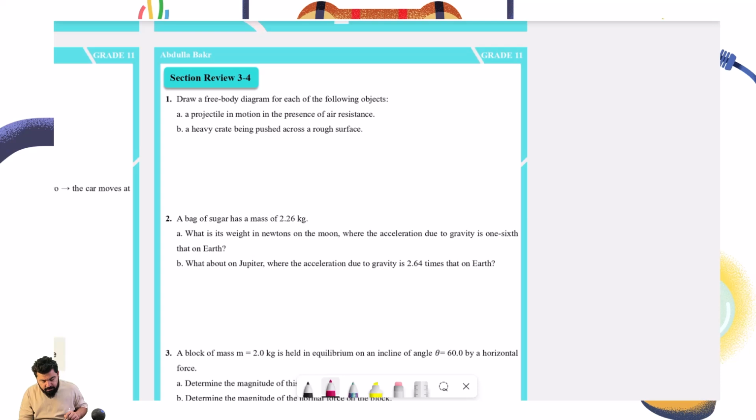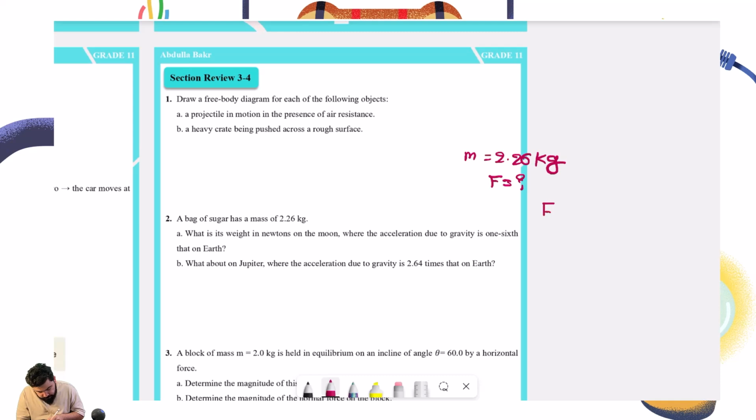It says a bag of sugar has a mass of 2.26 kilogram. Okay, and what is its weight on the moon, where the acceleration due to gravity is 1/6 that on Earth?